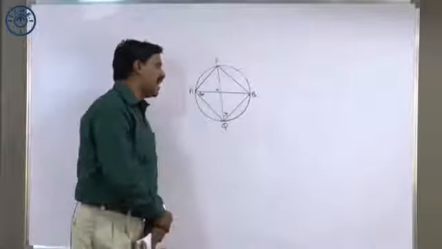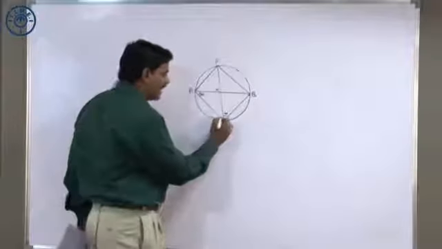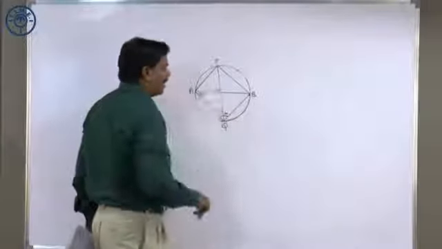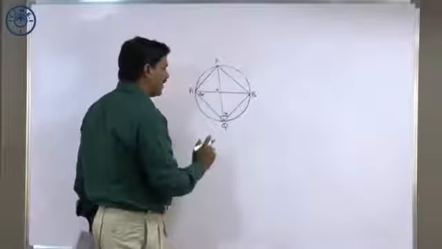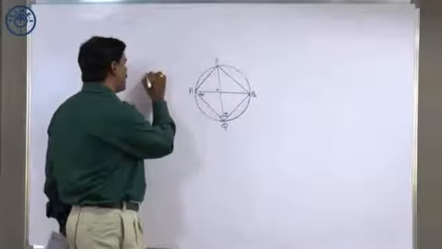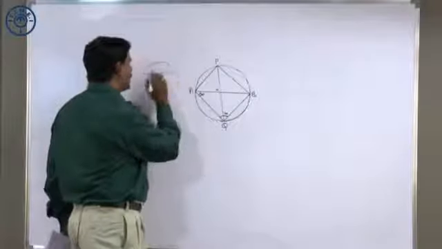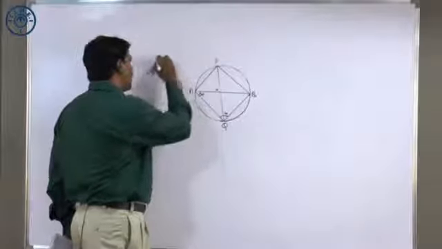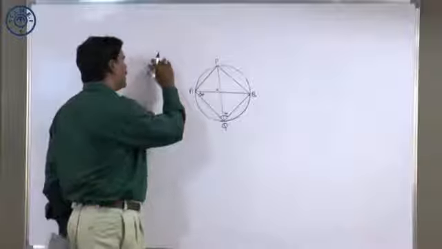As AB is the diameter of the circle, this is the angle made by the diameter in the semicircle AQB. And we have a small theorem saying that the angle in a semicircle is always 90 degrees, whether it is joining in this way or in this way, the angle in the semicircle will always be 90 degrees.